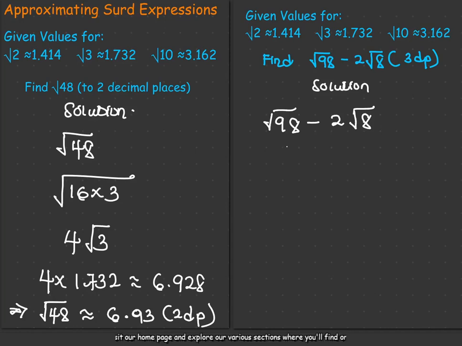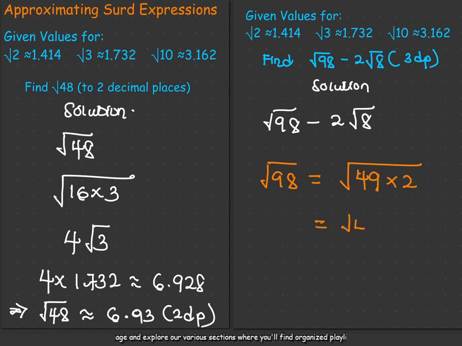So we simplify the root of 98. Root of 98 can be written as the square root of 49 times 2, because the perfect square that is a factor of 98 is 49. That gives us root 49 times root 2. Root 49 gives us a 7. So we have 7 root 2.